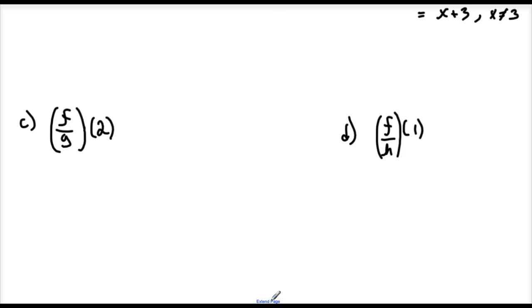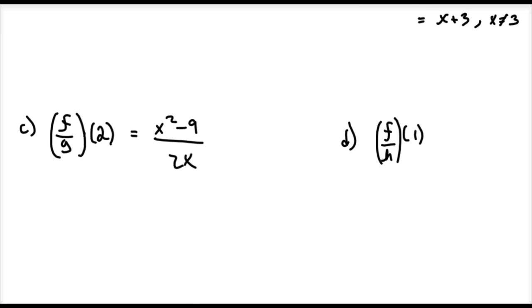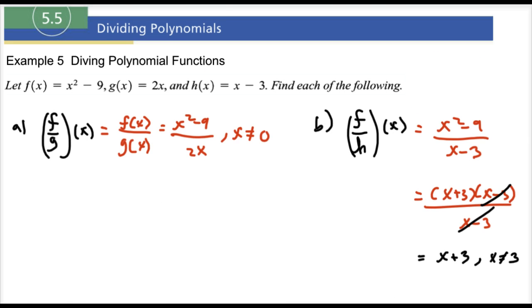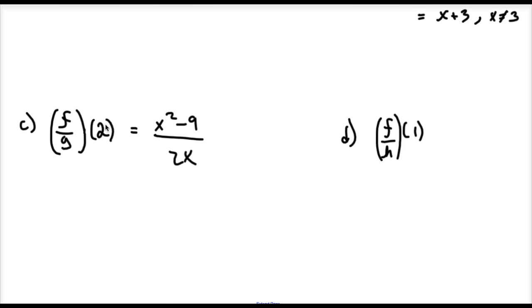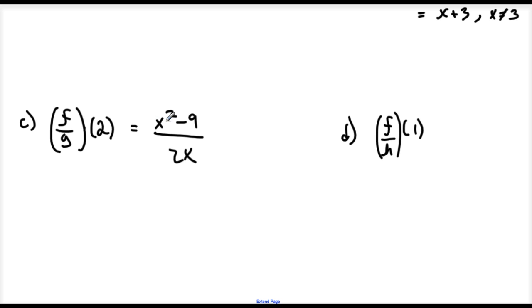And lastly, let's take a look at these. So we have f over g at 2. Our f of x, again, was x squared minus 9, and our g, I believe, was 2x. Let me just check that. Was that 2x? Yeah. All right, so now we want to replace all the x's with 2.